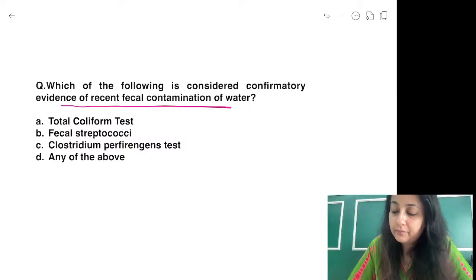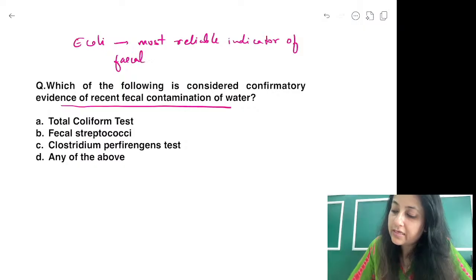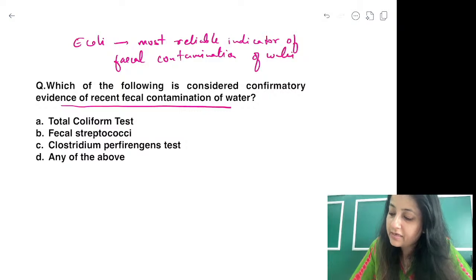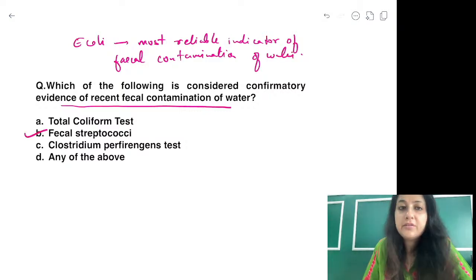Coliform count or E. coli is the most reliable indicator of fecal contamination of water. That is E. coli. But if anybody asks you about recent contamination, fecal streptococci.